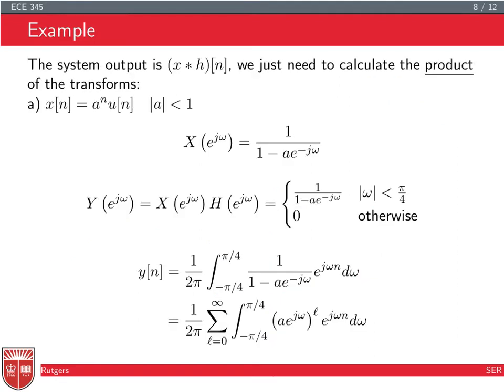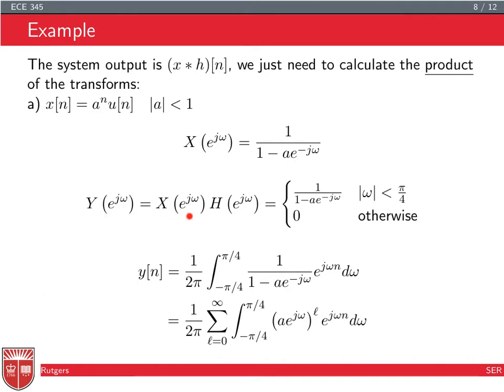Now that we have the frequency response of the filter, we can find the output for each one of these cases. So let's start with the first case. In the first case, the input is a^n u of n, and we've done this before because the magnitude of a is less than 1, then X of e^{jω} is 1 divided by 1 minus a e^{-jω}, and so I can get Y of e^{jω} of the output.